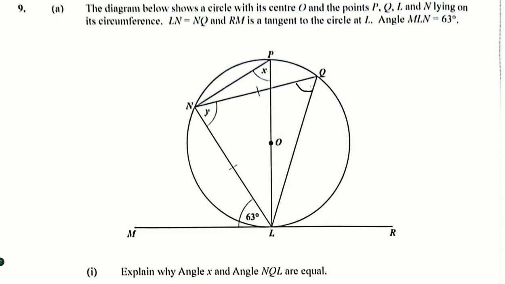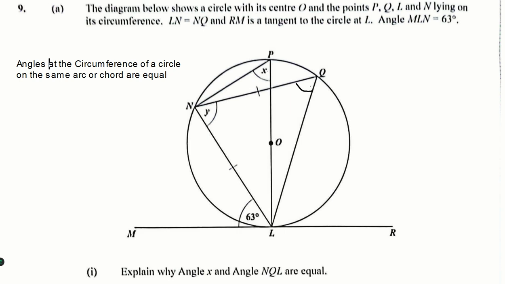I'm going to type it out. Angles at the circumference of a circle on the same arc or chord are equal.